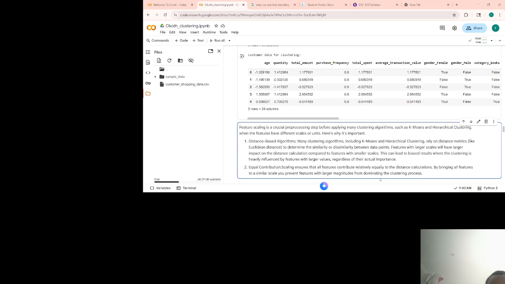And the major purpose of doing this, because we were using distance-based algorithms like k-means and hierarchical clustering, we did this so that features with larger scale cannot impact distance calculations. And this was also to enable the features have equal contribution to the distance calculations.